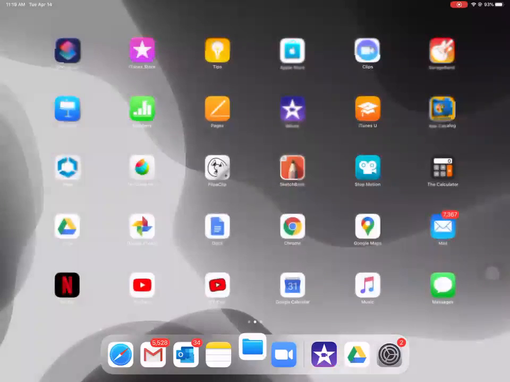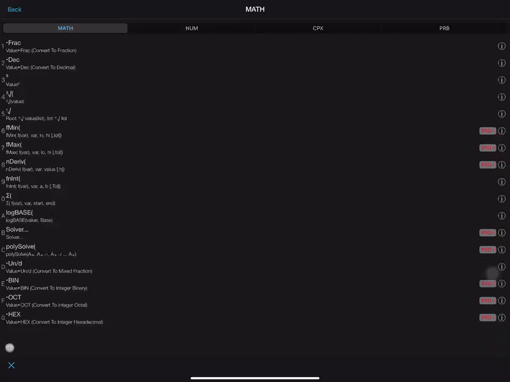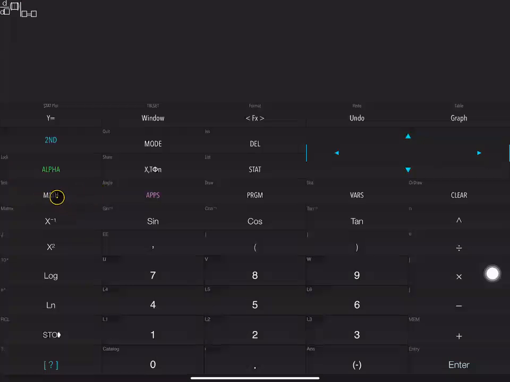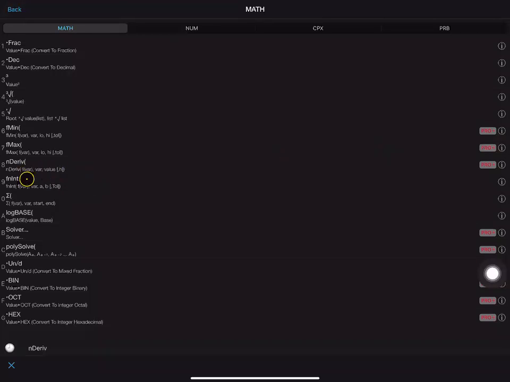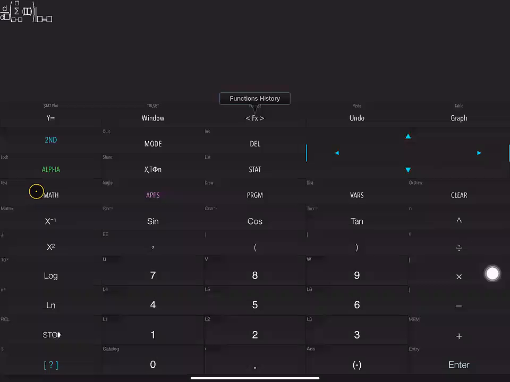Let me see if I have a TI on here. If I hit math, if you look on the left-hand side, this kind of looks like your calculator. Math. See, it says n derive, or fn int. That's function integration. And we can actually do the same problem doing that.